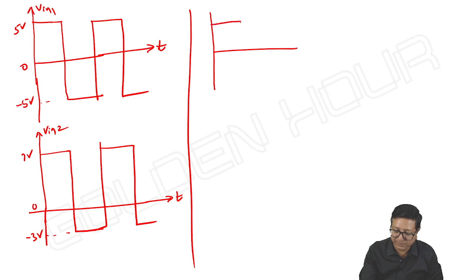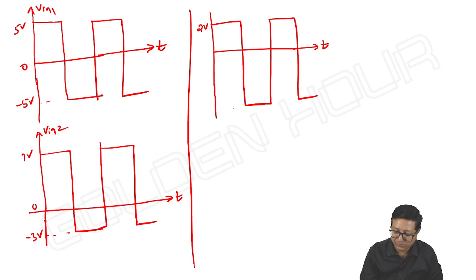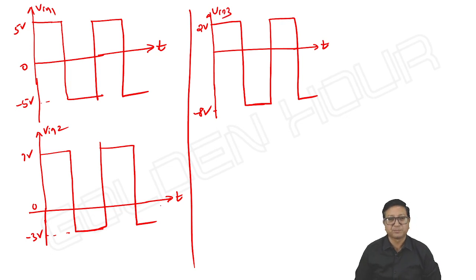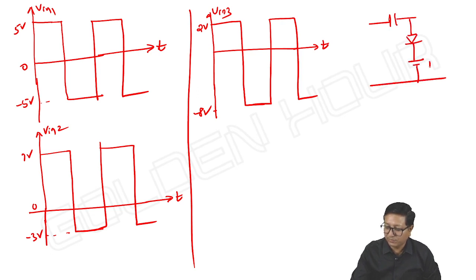Just I'm taking some cases. It is 2 volts, minus 8 volt. All these 3 cases are passed through our clamper circuit, negative clamper, with a reference voltage of 1 volt. Then what is the output?